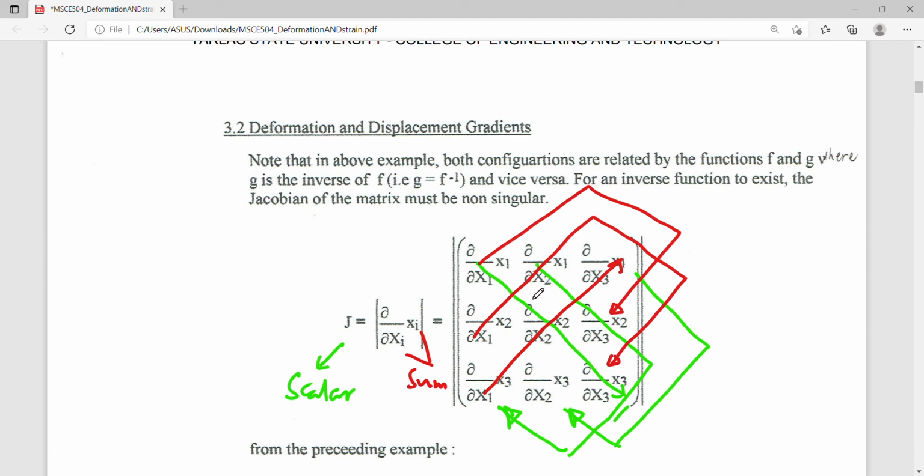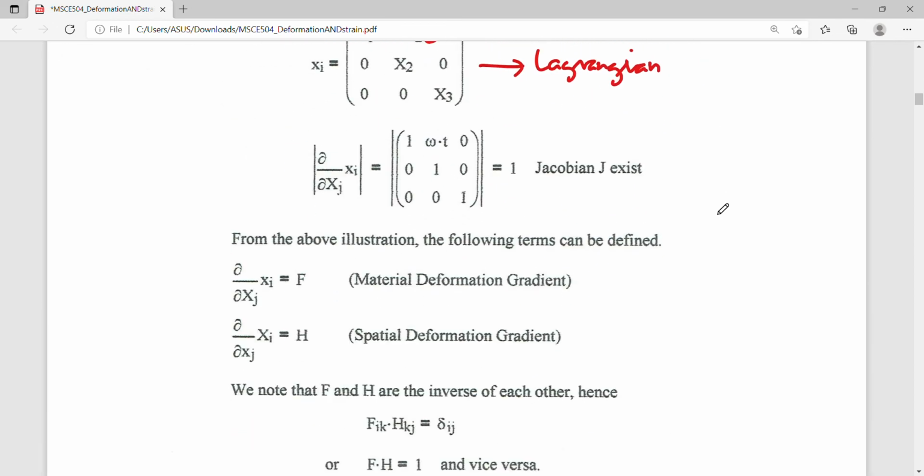Non-singularity simply means that there is a solution to the set of equations, and there's also an inverse function, because there can be no solution if there is no inverse function.